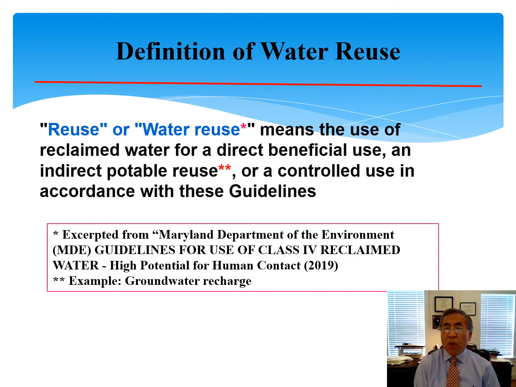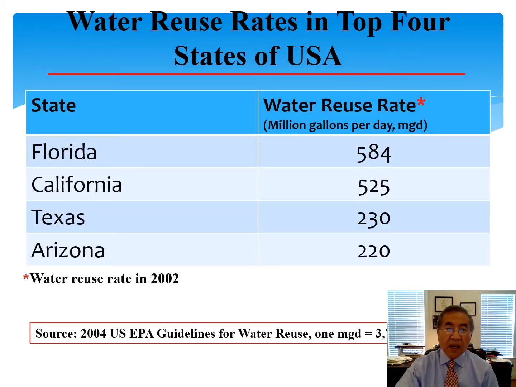The definition of water reuse, according to our guideline in 2019, is the use of reclaimed water, which is treated wastewater, for direct beneficial use or indirect potable reuse, such as groundwater recharge or any reuse under controlled situations defined in this guideline. Now this slide shows you the water reuse rate in the top 4 states in the USA.